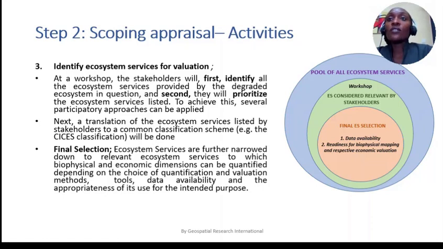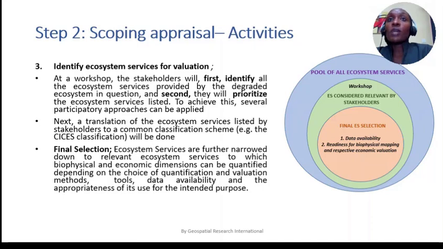Finally, a selection of the ecosystem services for valuation is done, where the ecosystem services, according to the local stakeholders' perspectives, are further narrowed down to relevant ecosystem services to which biophysical and economic dimensions can be quantified. Remember, yesterday we talked about the importance of identifying the biophysical indicator for your ecosystem service.